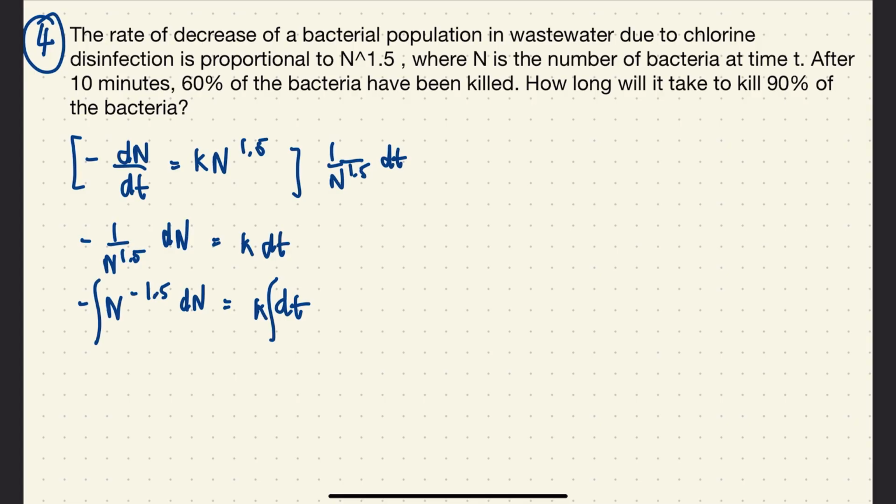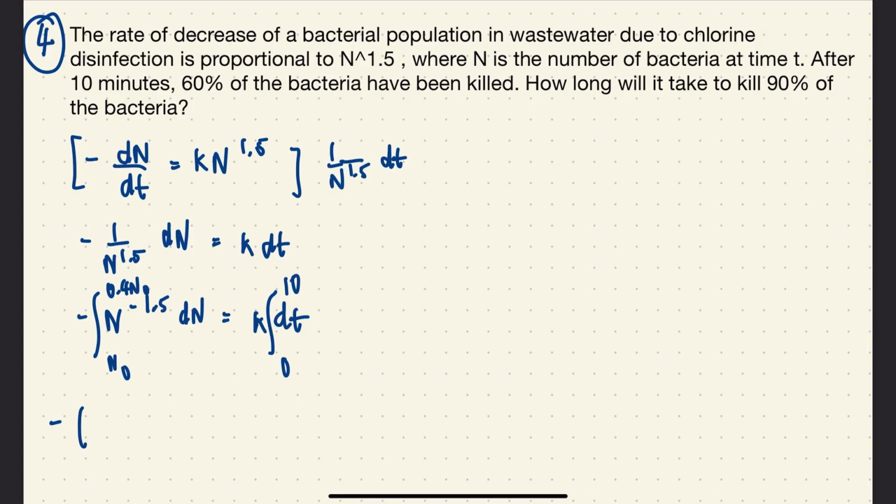Okay. So for the initial value of k, what we can do is take it from 0 to 10 minutes, and from N sub o to 60% of the bacteria killed, so 0.4 left from the original. So that will be negative.